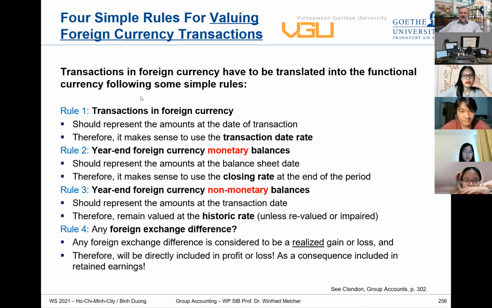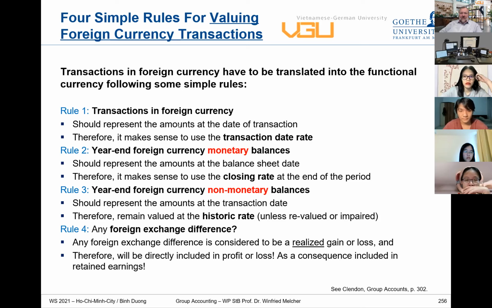So the first rule is when you have a transaction in foreign currency, that should represent the amounts of the date of the transaction. So when you have a transaction on 1st of July, you will use the rate on that day, so the current translation rate.